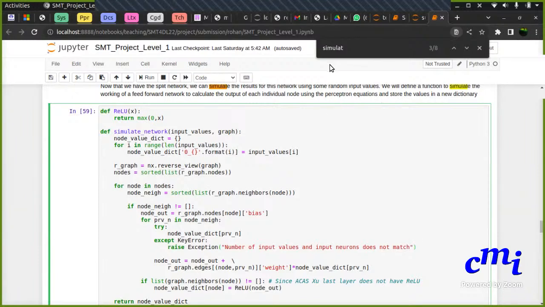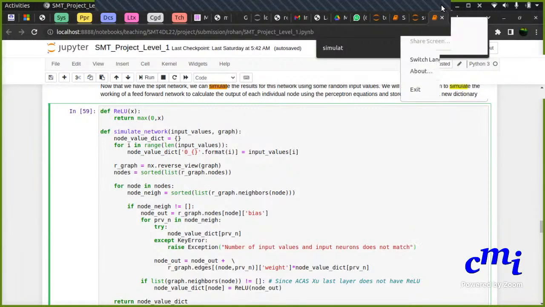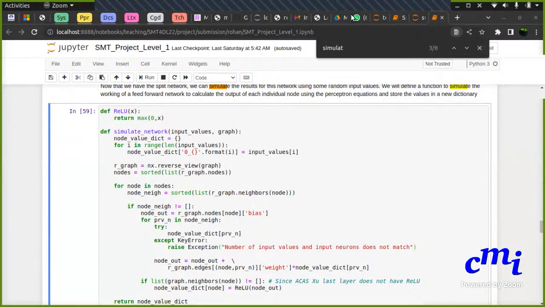For example, it disappeared completely. I can usually see Zoom somewhere over here. I think you might be able to see it in the dock below. Not there? Here. Yes, I got it. Okay, it's being recorded now.